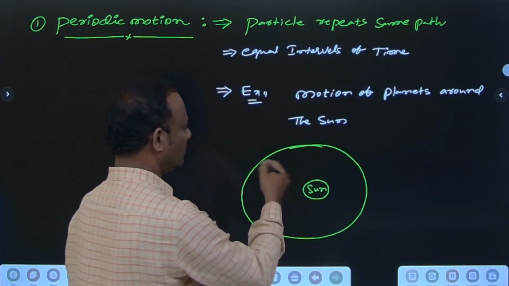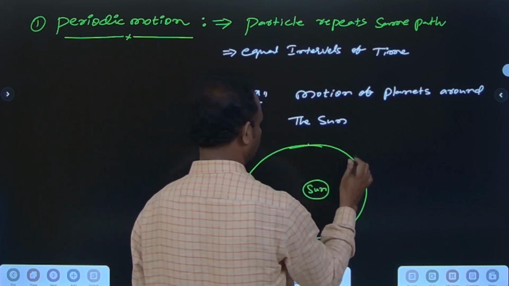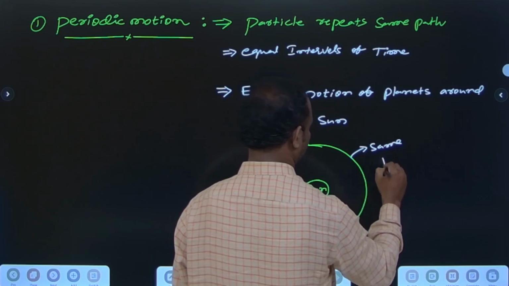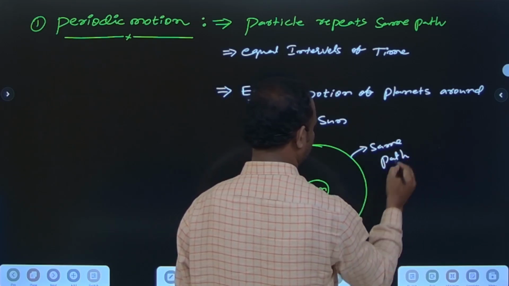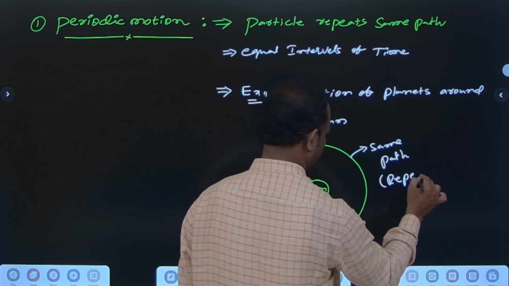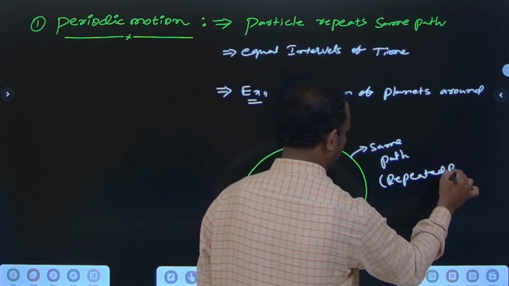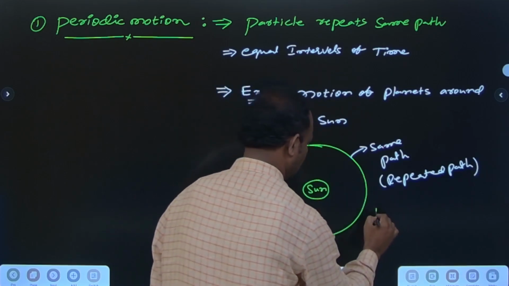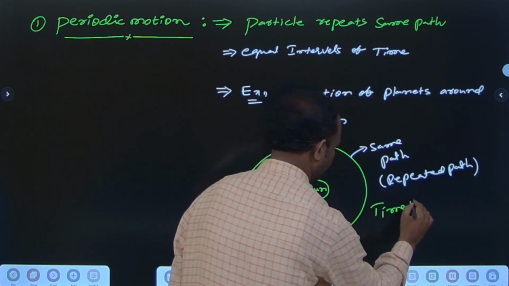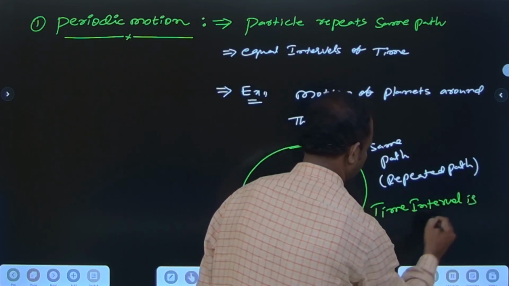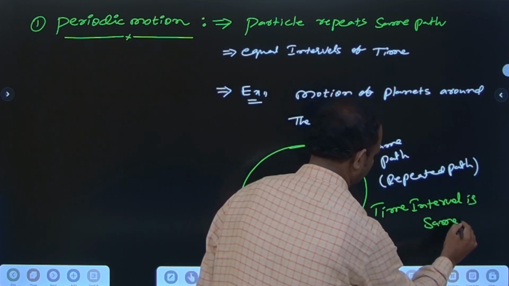In equal intervals of time, the path is the same, a repeated path, and the time interval is the same.